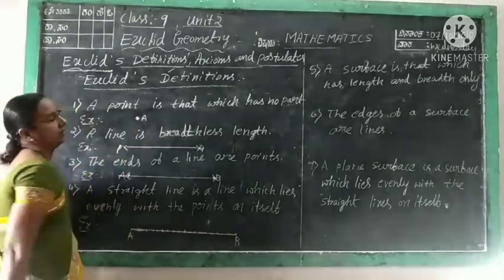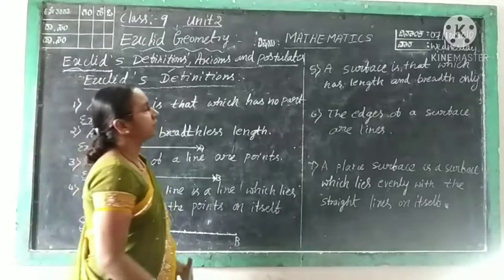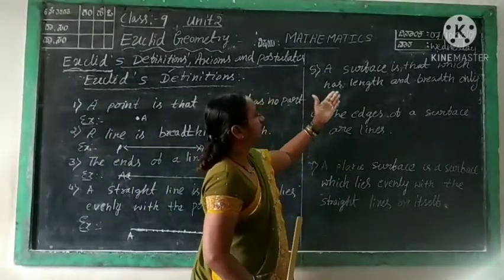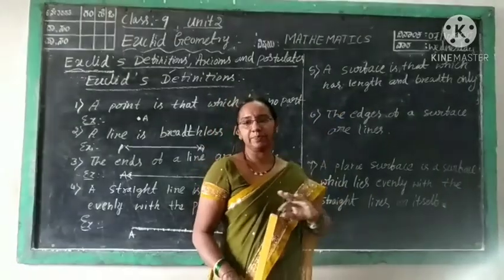Then the fifth one is: a surface is that which has length and breadth only.